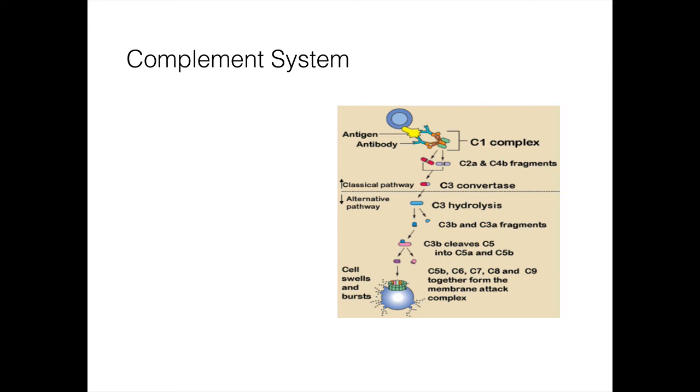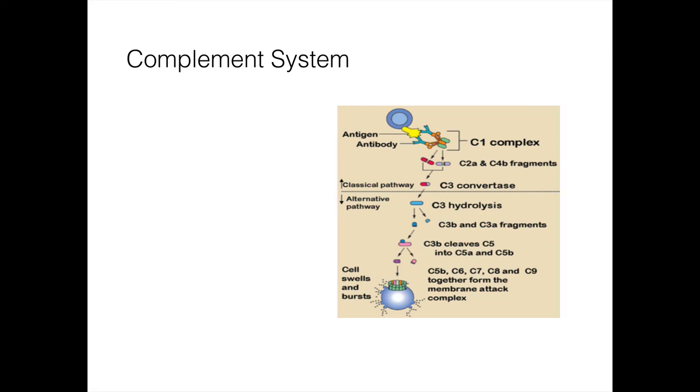So a toxin potentially produced by the bacteria or other bacterial substances can activate the alternate cascade. Sometimes IgA aggregates can activate the alternate pathway. So the key to the alternate pathway is that C3 component of complement getting split into the C3b and the C3a components, which you can see there.